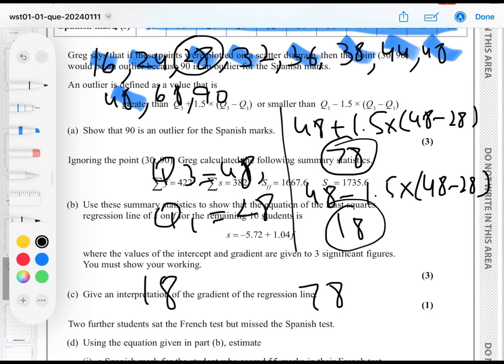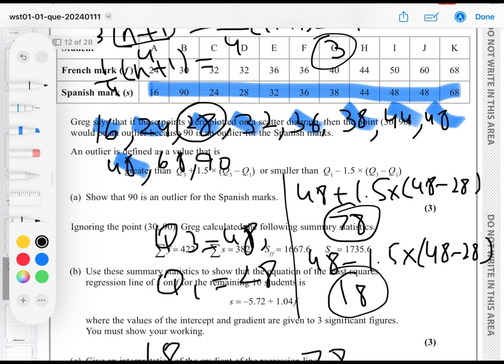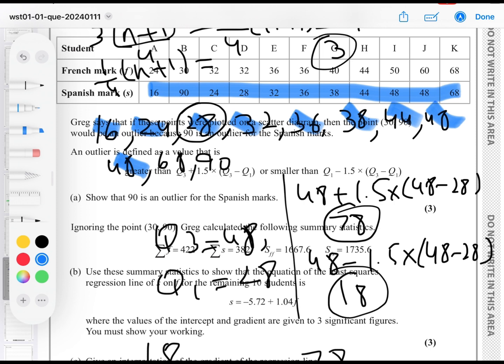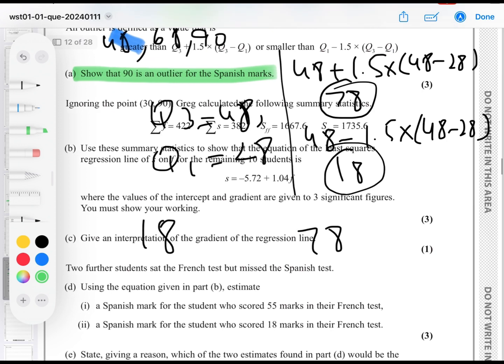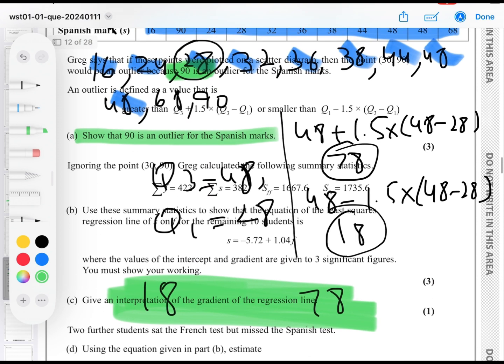Now they are talking about the number 90. Hold on. They are talking about this 90. 90 is an outlier for the Spanish marks. Okay, so in part A, show that 90 is an outlier. Yes, 90 is an outlier because this is the range, and according to the statement, an outlier is defined as greater than this 78, the formula which they gave us, Q3 plus.